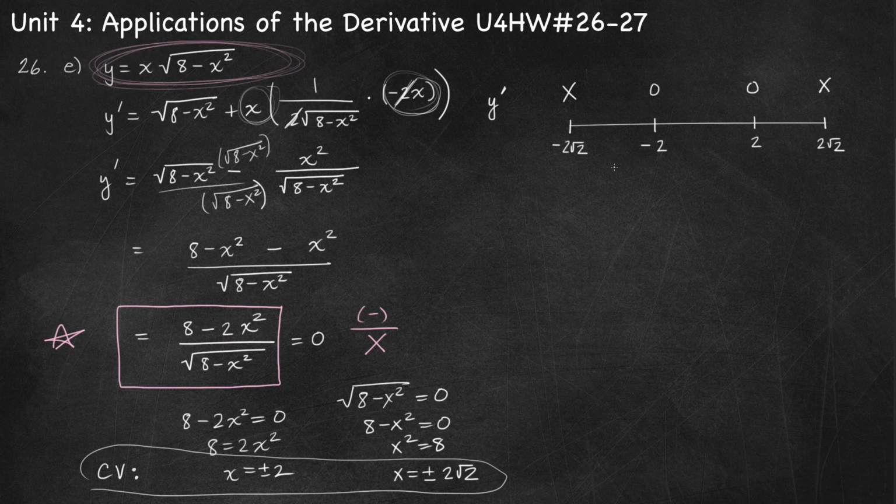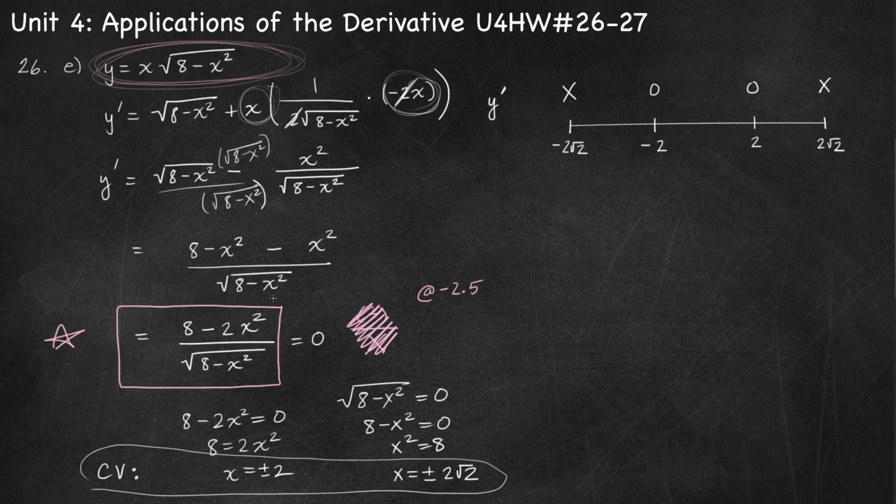So I need a number between negative 2 and negative 2 root 2. Let's use negative 2.5. Okay, so at negative 2.5, 8 minus 2 times negative 2.5 squared. I'm going to actually calculate this one because it's not an easy one to do in your head.